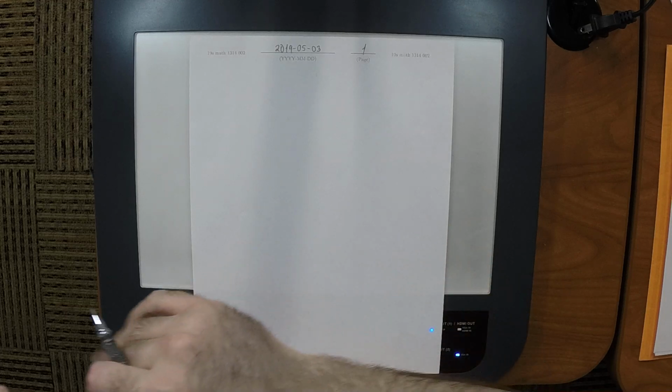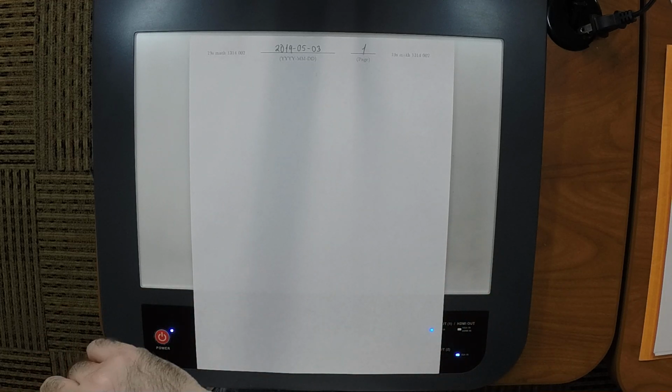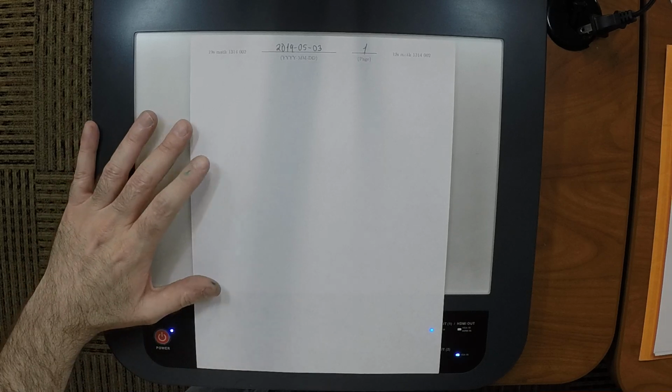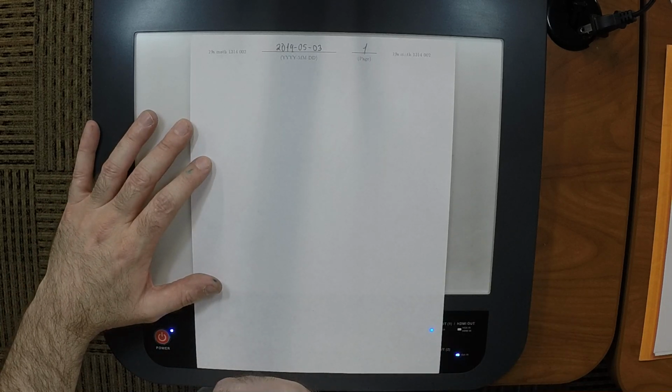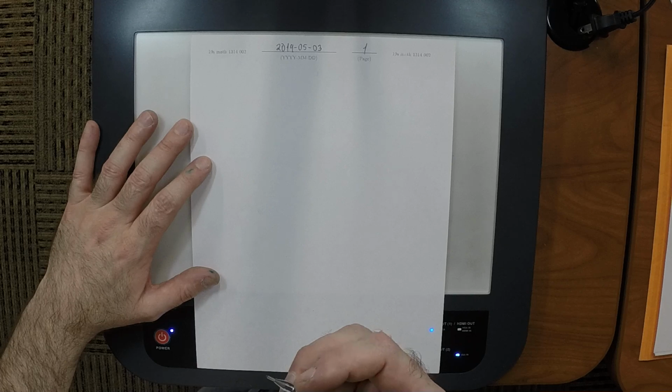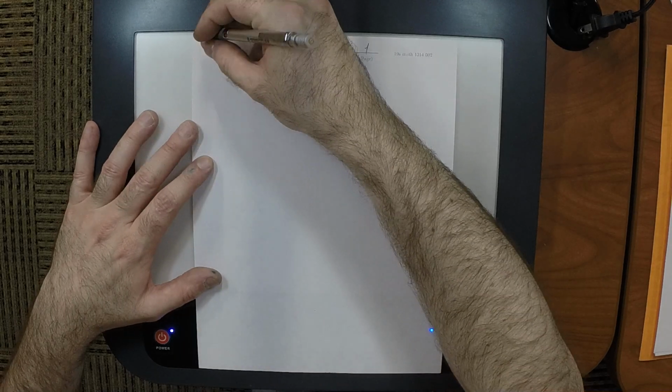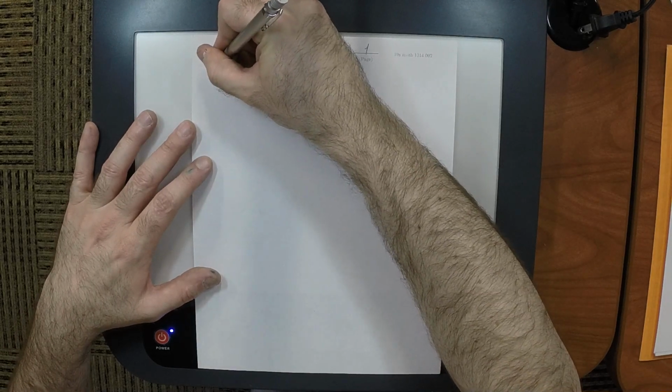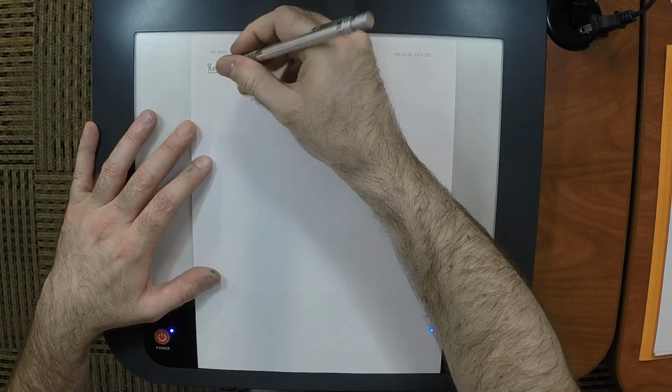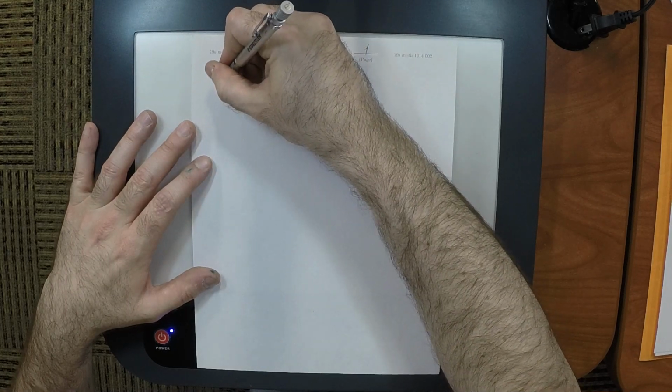So the main idea that we're considering today is when can a function be undone? When can you invert it? So I could say the undo button.